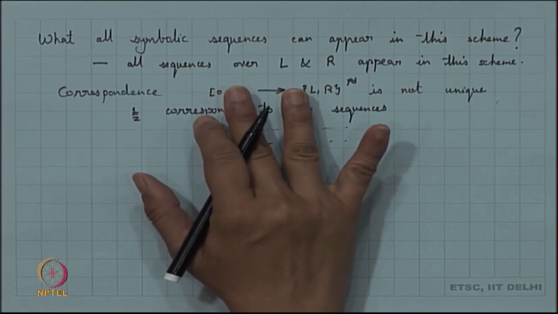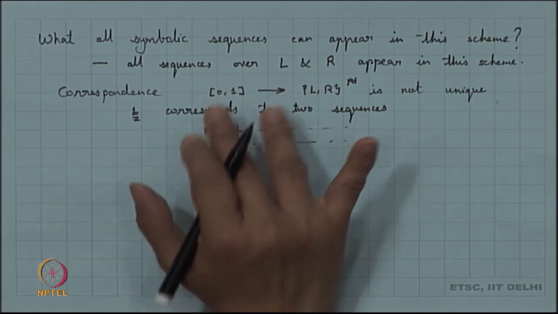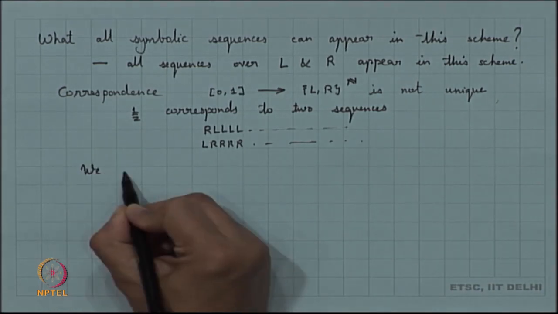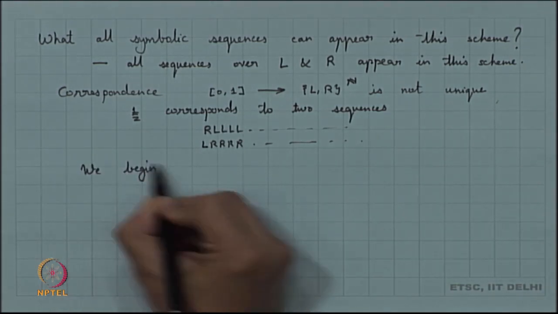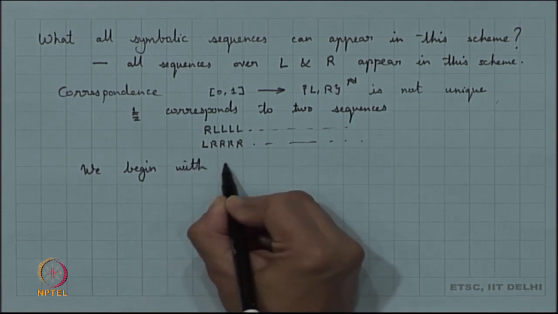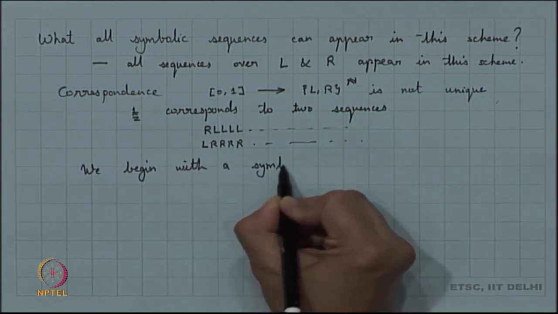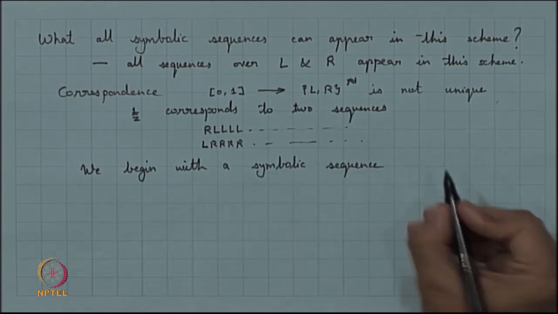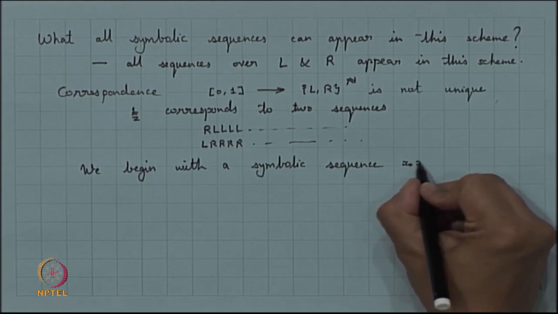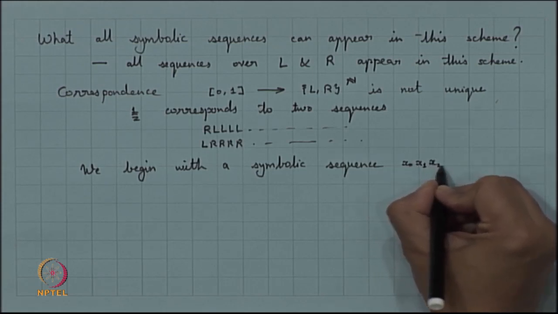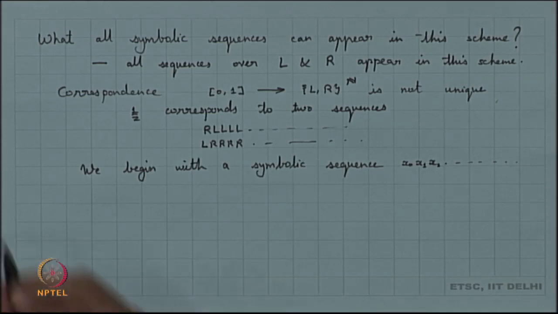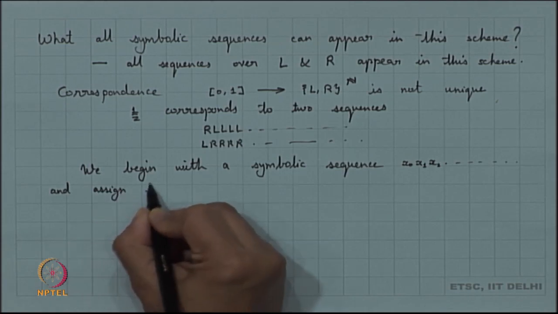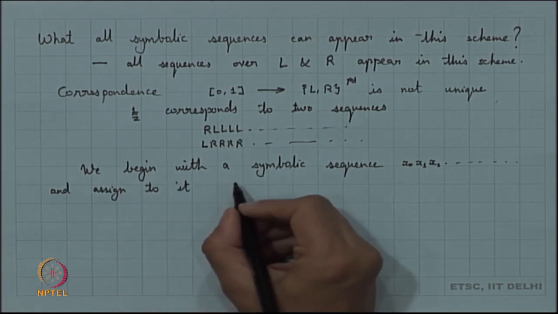So, in order to bring it back, what we do is we begin with a symbolic sequence. Say we start with the symbolic sequence x naught, x1, x2 and so on, and assign to it a unique point.